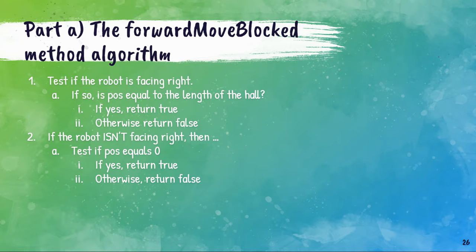So if I'm facing to the right, I'm blocked only if I'm at the very end of the array. If I'm not facing to the right, i.e. I'm facing to the left, then I need to check to see if the position is equal to 0. And if it is equal to 0, then it's going to return true, false otherwise.